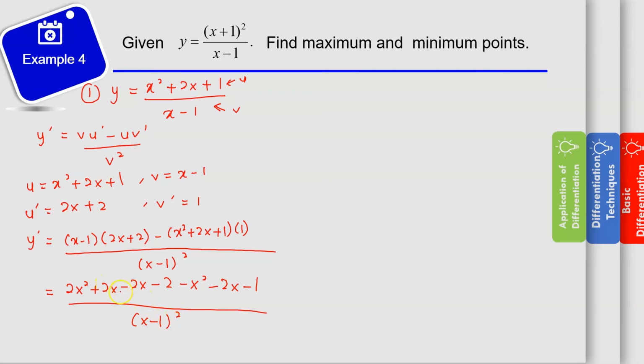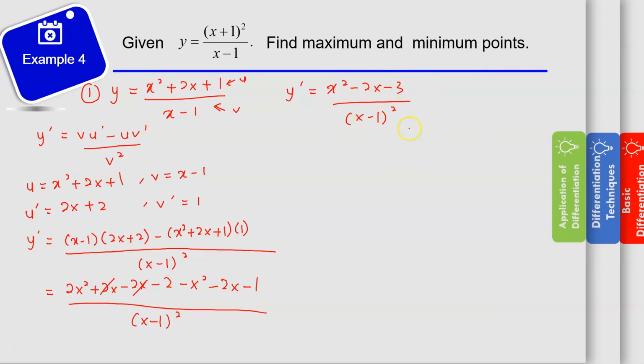You can see we have 2x minus 2x, which cancels out. Then 2x squared minus x squared means y prime equals x squared, and then negative 2 minus 1, so minus 3, divided by (x minus 1) squared.